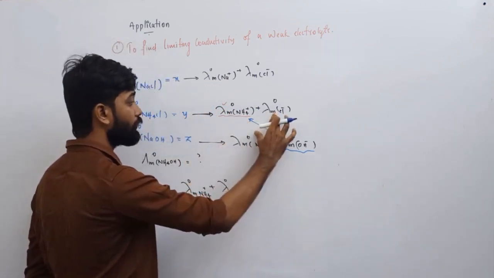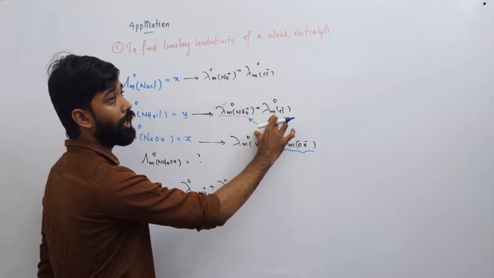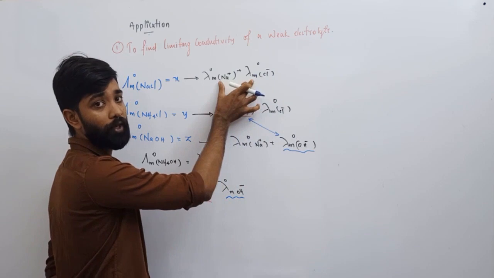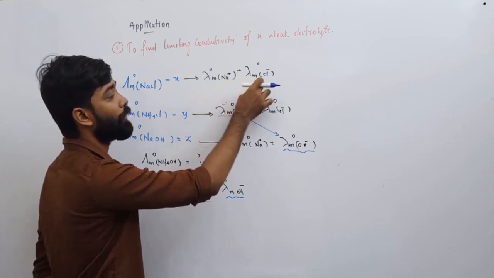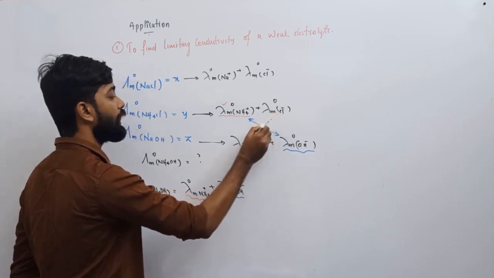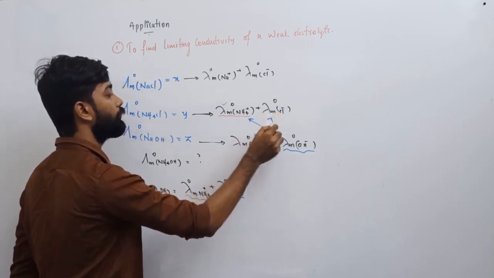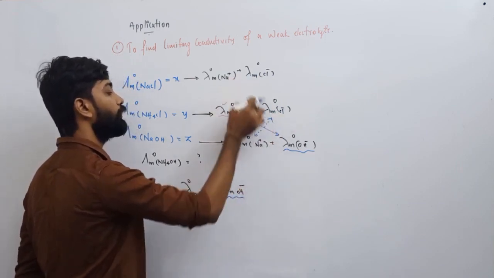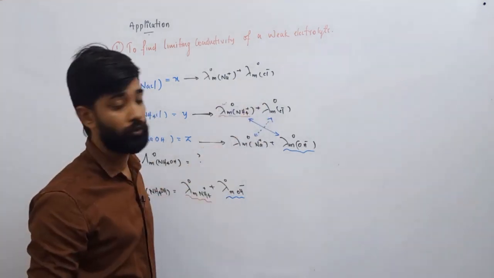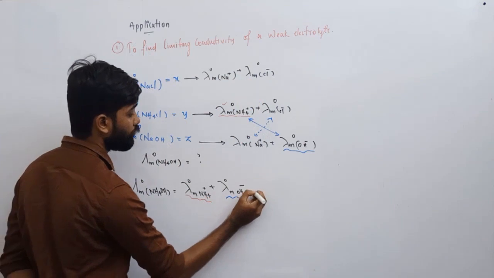So this is an extra addition, and that extra addition we can cancel by subtracting lambda M0 of Na plus and lambda M0 of Cl minus, right? So this extra added term, we can easily remove by subtracting the first one. So that is the procedure we have to do.